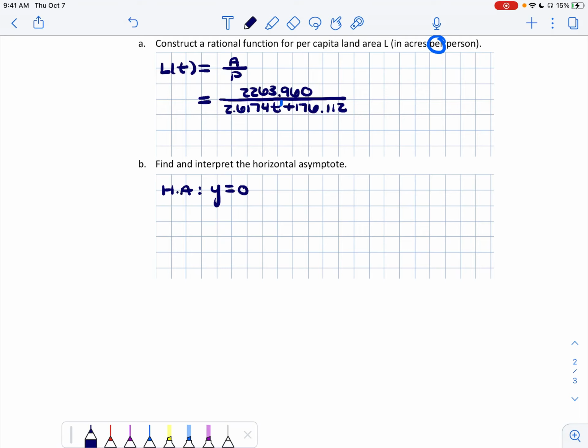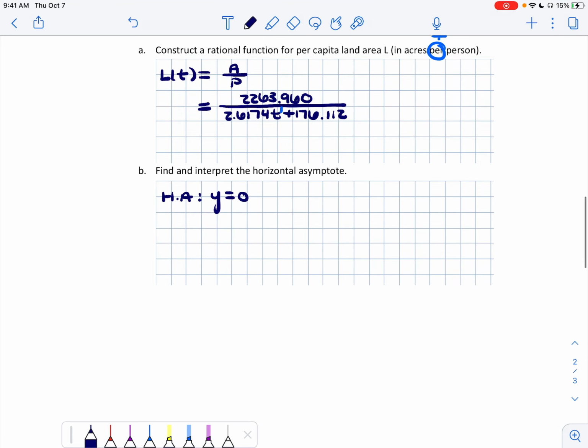In this case, our x value or our t value, if you want to be more precise, is representing the time in years from 1960 to 2009. So as time passes, our y value, or our L value, in this case the land area per capita, is going to slowly decrease and approach 0.